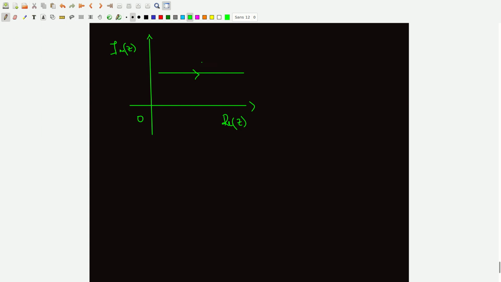Now let us call this one C1, and our C1 goes from the first complex number, 1 plus i, to the other complex number, which is 3 plus i. We can see that y is fixed at 1, this is 1 as well, and this is 3.